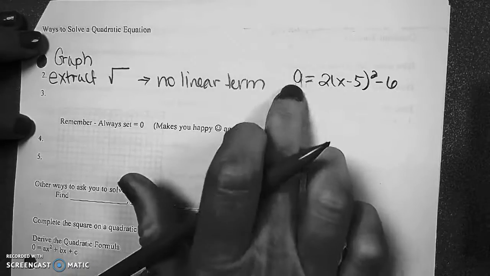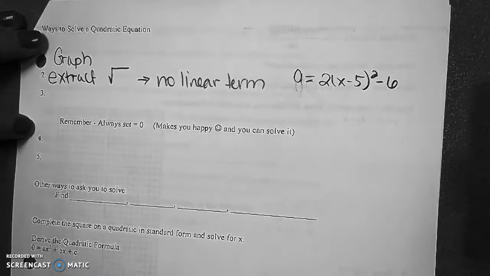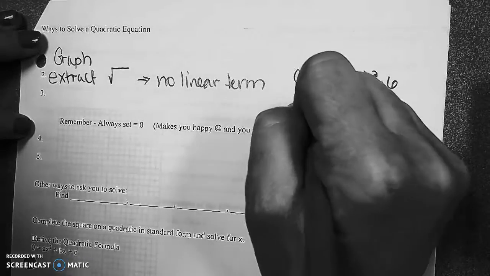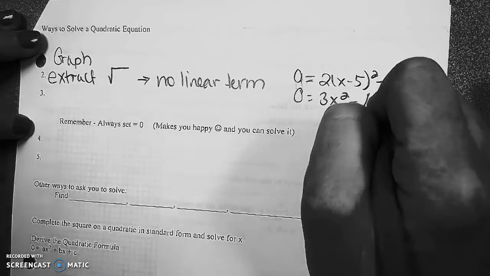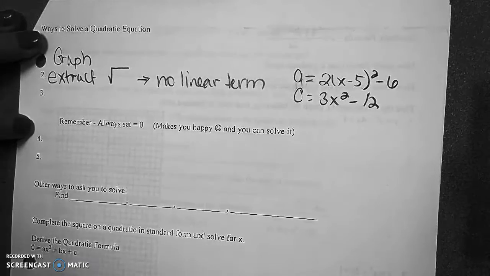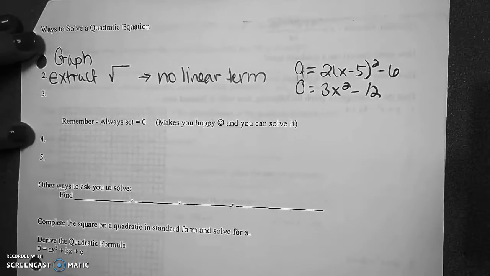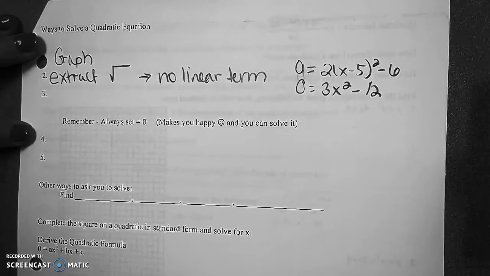So you could add 6, divide by 2, and then take the square root of both sides. Or you might have a problem like 3x squared minus 12, let's say. You would add 12, divide by 3, and then take the square root. So as you can see, there's no linear term there.